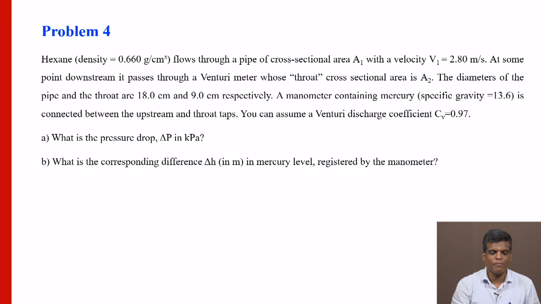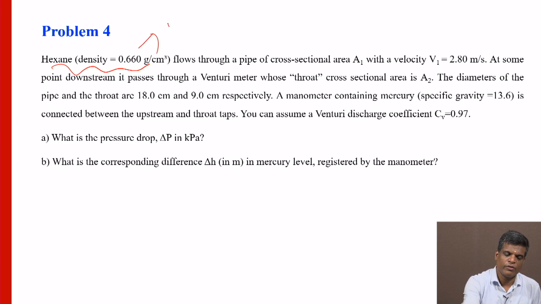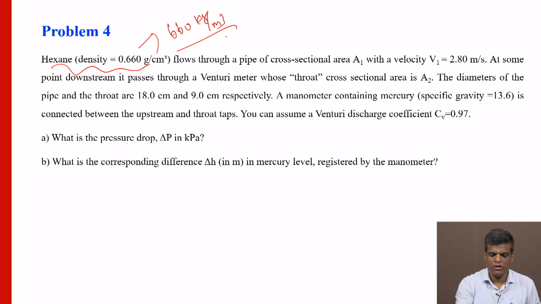So problem 3 is over. Problem 4 is the same way, but here we are using hexane. The density is 0.66 gram per centimeter cube, which you can convert to 660 kg per meter cube to solve in SI units. The flow through cross-sectional area A1, the velocity is already given.